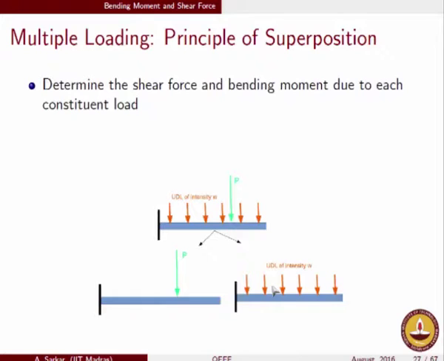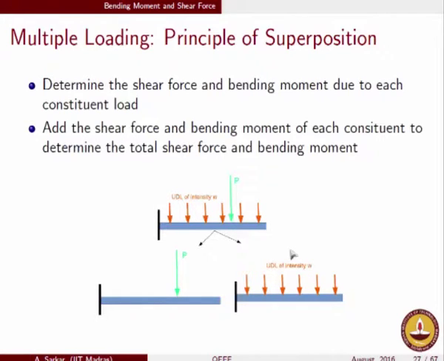If you have to find deformation, stresses, shear force, or bending moment, all you have to do is consider one load at a time, calculate each of these quantities for each load case, and then add them all together. It will work pretty fine.